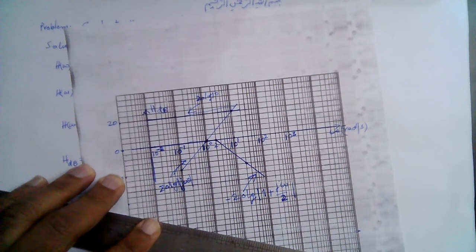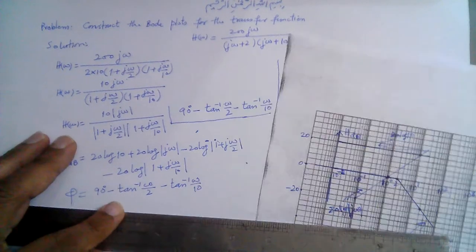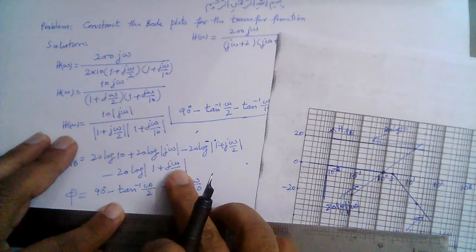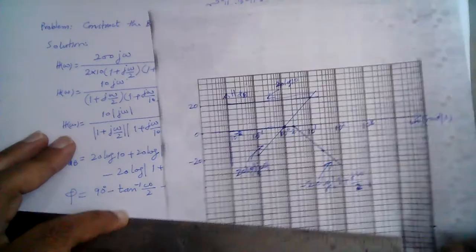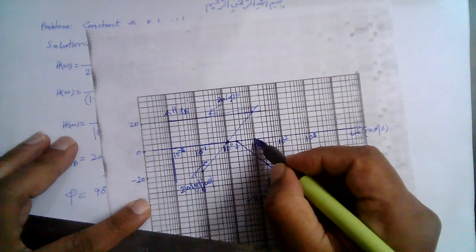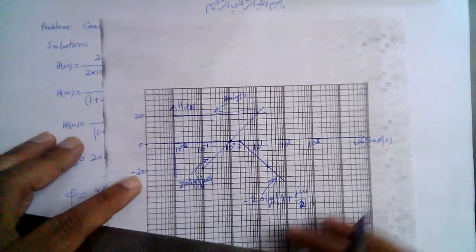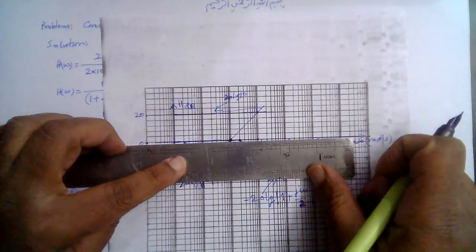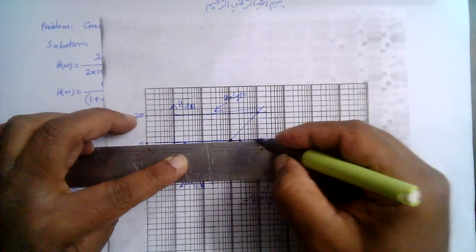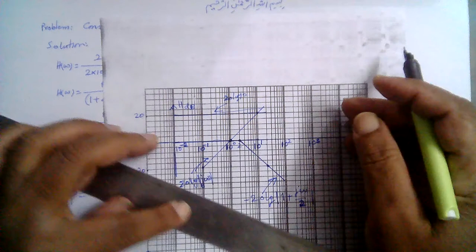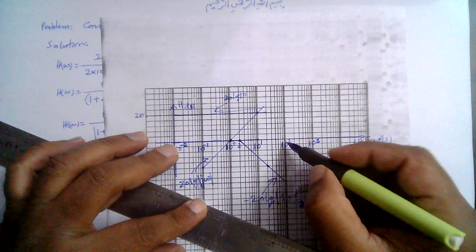And then we have another term, an asymptote at omega is equal to 10. So at omega is equal to 10, the asymptote is 0 till this point, and from there onwards it has a slope of minus 20 dB per decade.